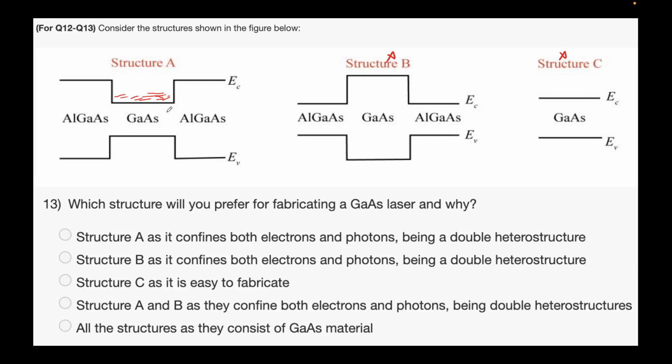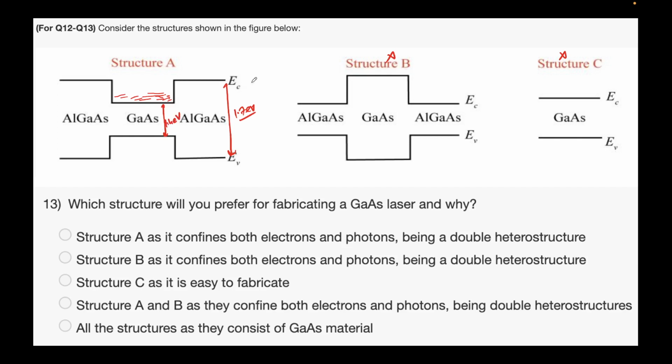How is it confining the photons? Let's say a 1.4 eV photon is generated. It cannot interact with this, which has higher energy, say for the sake of discussion 1.7 eV. So 1.4 eV photons will have no impact on the 1.7 eV structure and will interact only here.